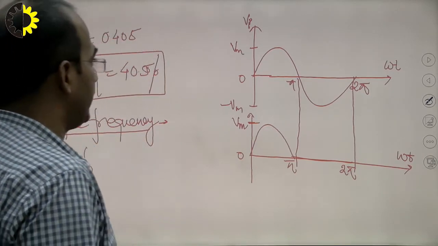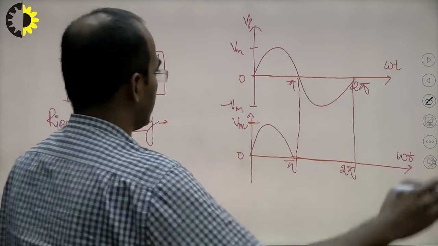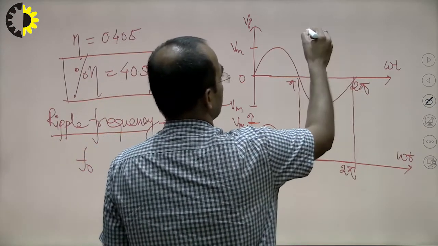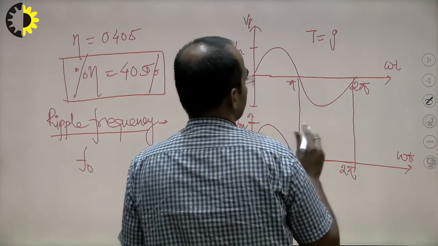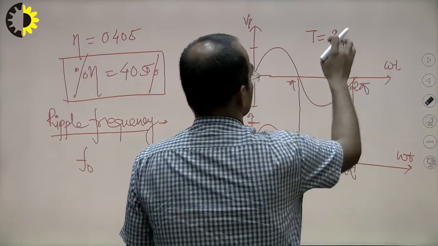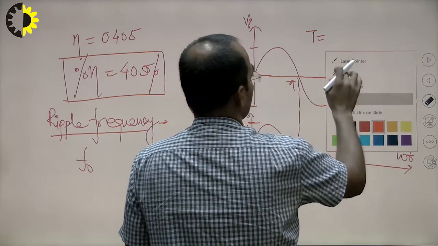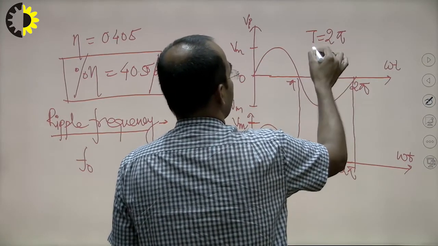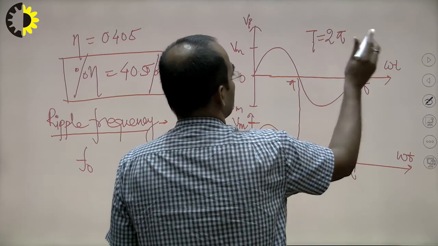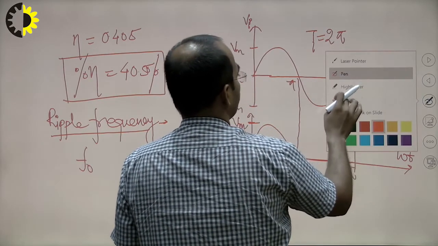From the time period I will define the frequency. So, for the input, what is the time period for this signal? The time period of the input signal is 2 pi.